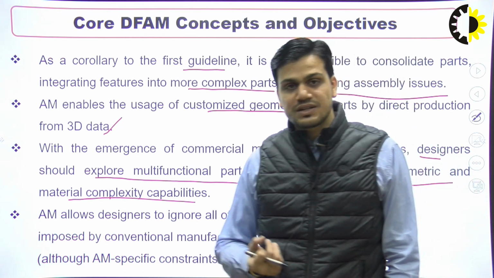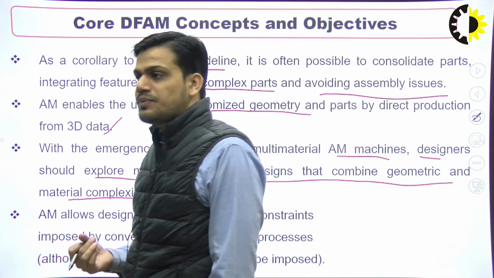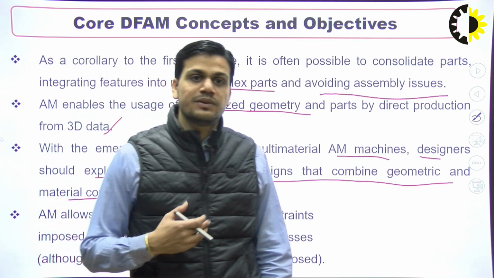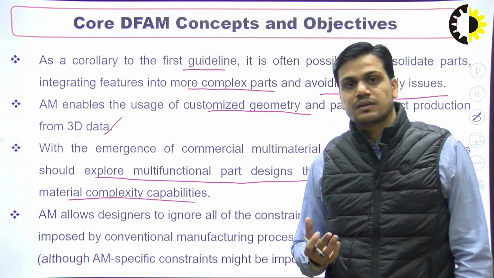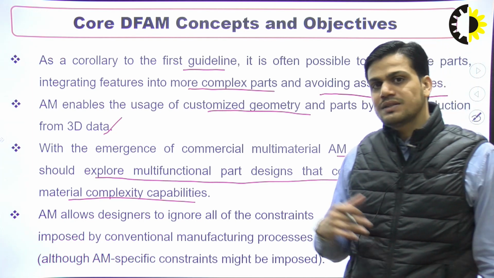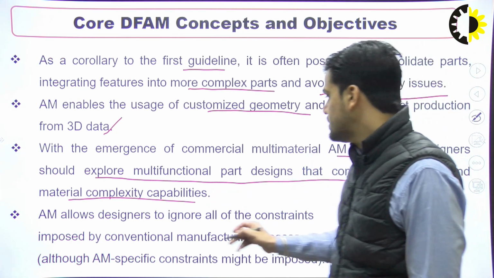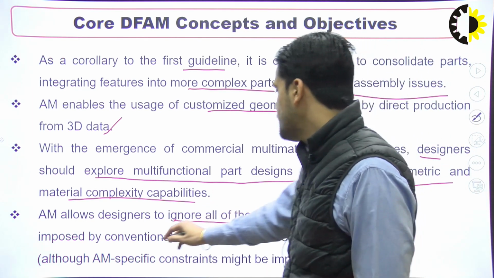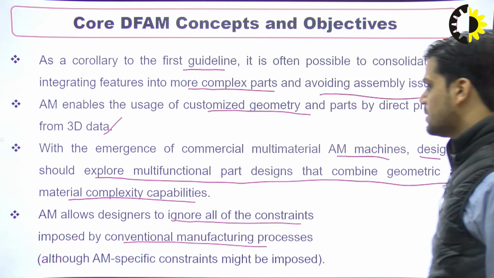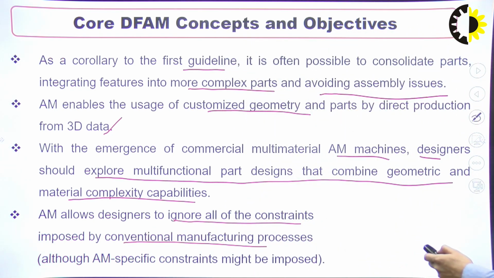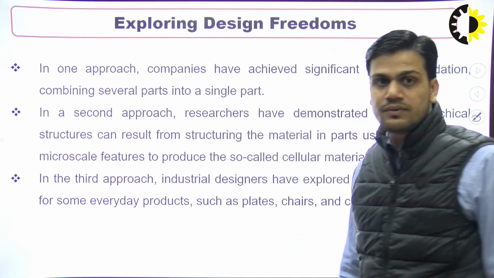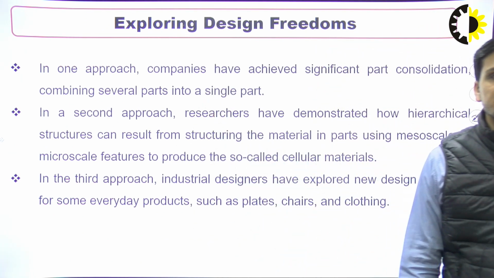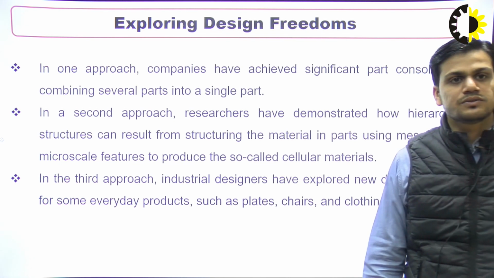Suppose we talk about our legs, which require some compressive strength and fatigue resistance; we can design for that here. So AM allows designers to ignore the constraints imposed by conventional manufacturing processes, although AM-specific constraints are imposed. So, exploring the design freedom: in one approach, companies have achieved significant part consolidation, combining several parts into a single part.